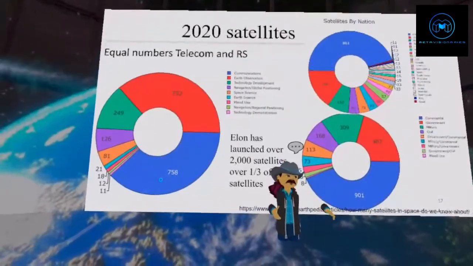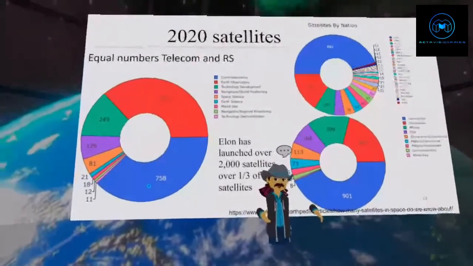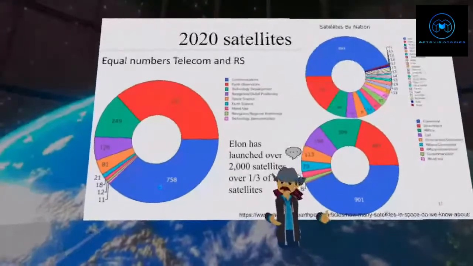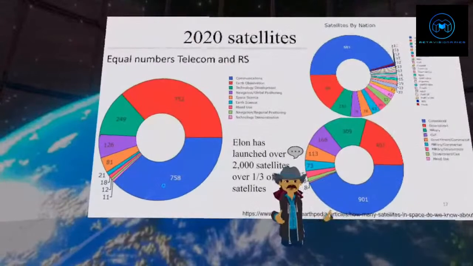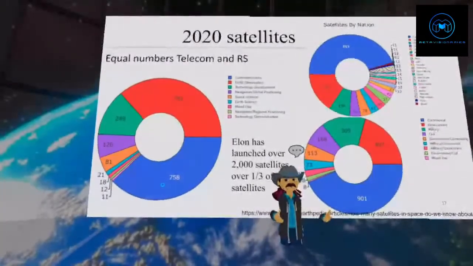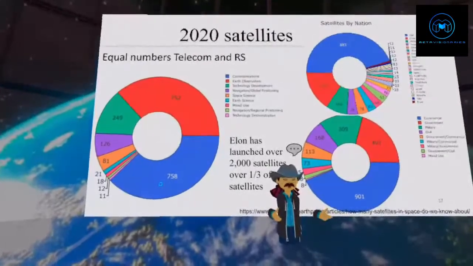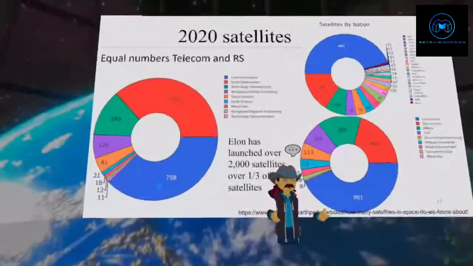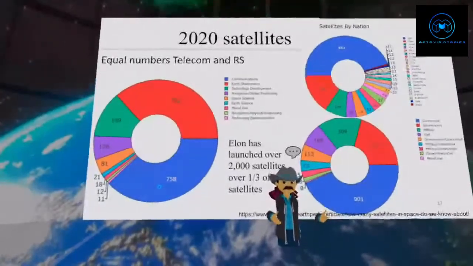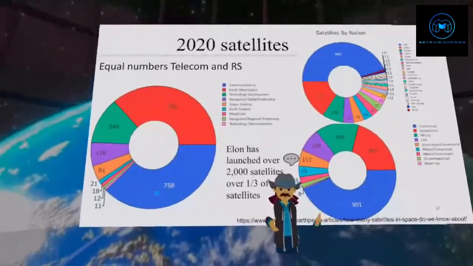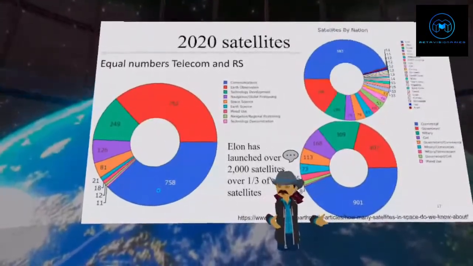Here's something a little bit more recent. This is 2020, and this shows you how the world has changed. Elon Musk has really altered the landscape with his ability to reuse rockets and to be able to put large numbers of satellites into orbit. He's launched himself over 2,000 satellites, over a third of all the working satellites in orbit have been launched by Elon Musk.